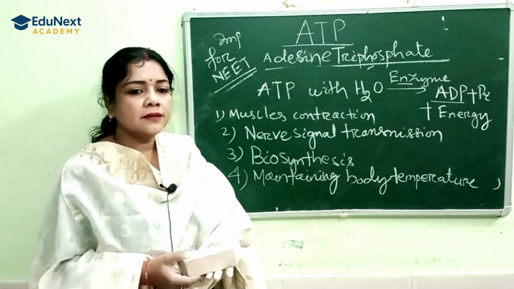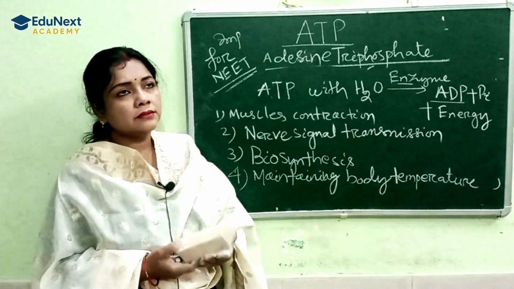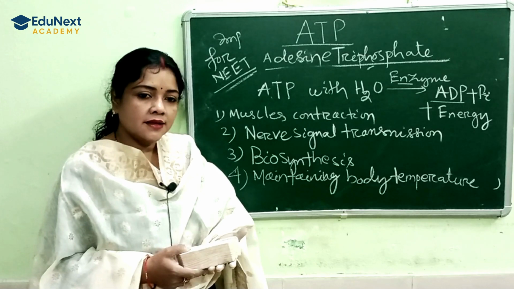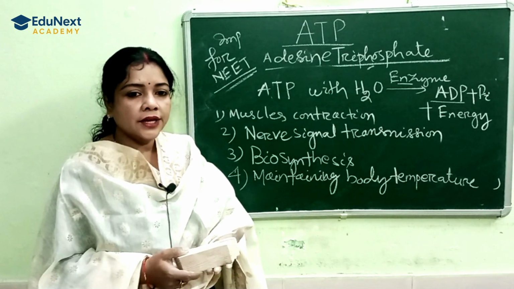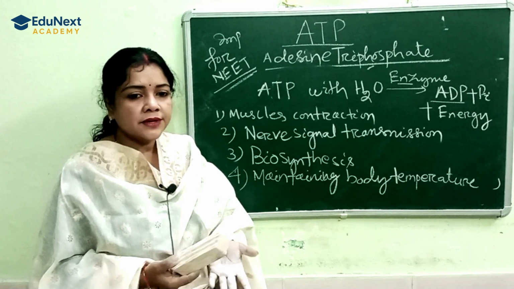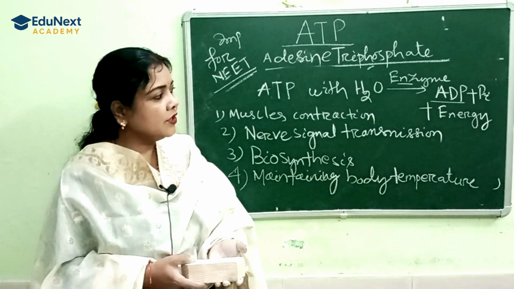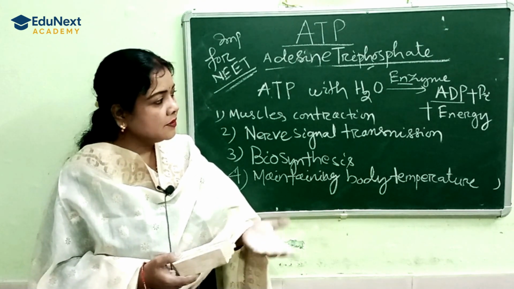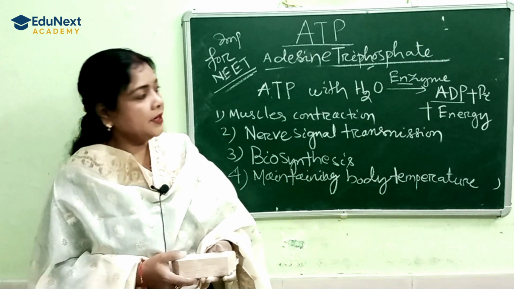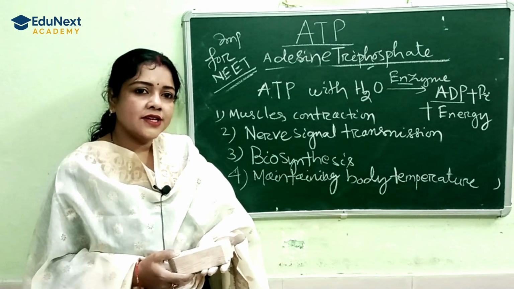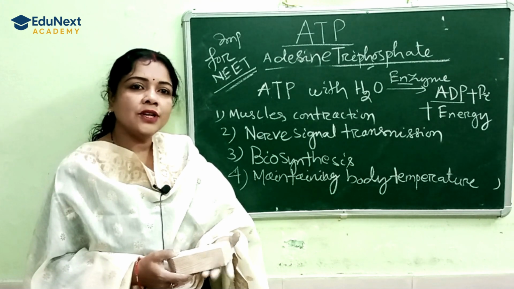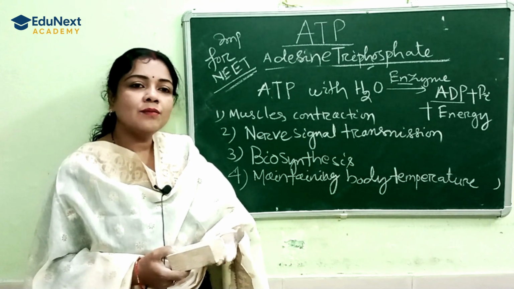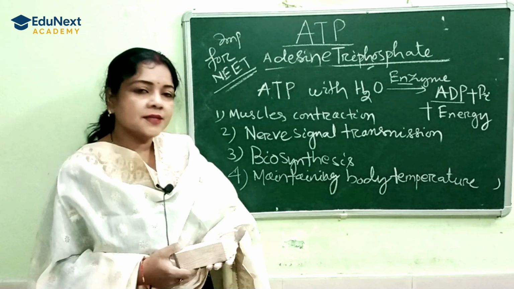Similarly, mineral stabilization across the membrane also requires energy, and we get that energy from ATP. Now you can understand ATP is a single molecule that runs the entire body.